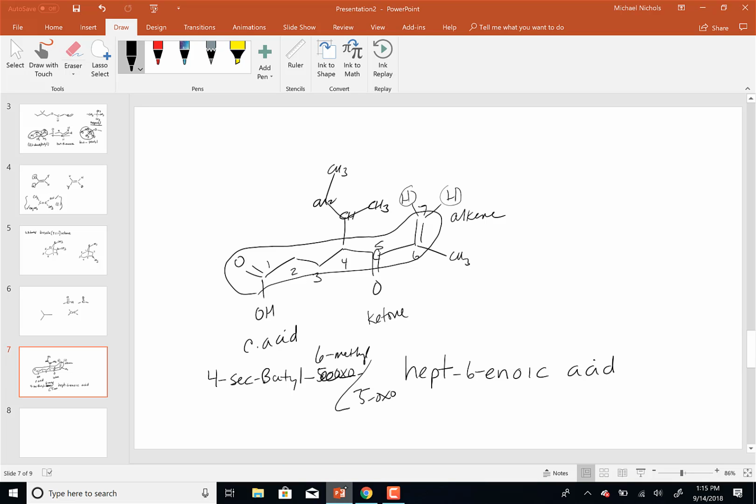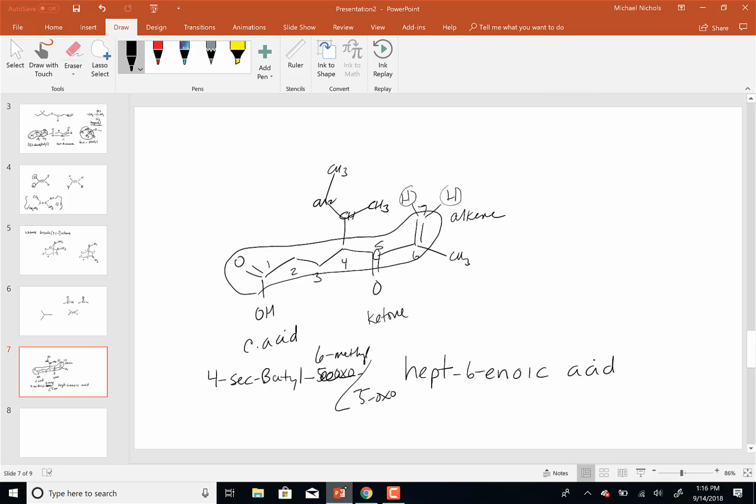When I'm over here, this is the one that I'm considering to be cis or trans. So it doesn't matter whether, if I interchange these two groups, I haven't made a new molecule.